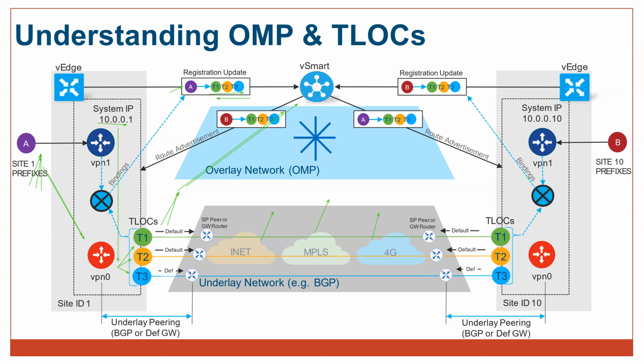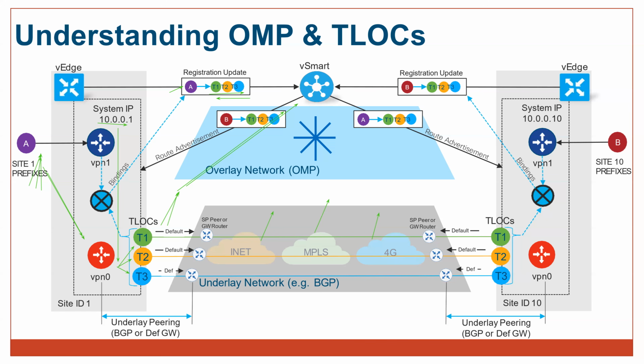Can you do an overview again, like a summary? Yes, why not, I'll summarize this. Because there are so many small pieces, we have to glue them together, right? You know that you have the service VPN, where you have the actual prefix, either source or destination. That service VPN needs to reach VPN 0, because that is your actual transport VPN, and that happens internally within the system.